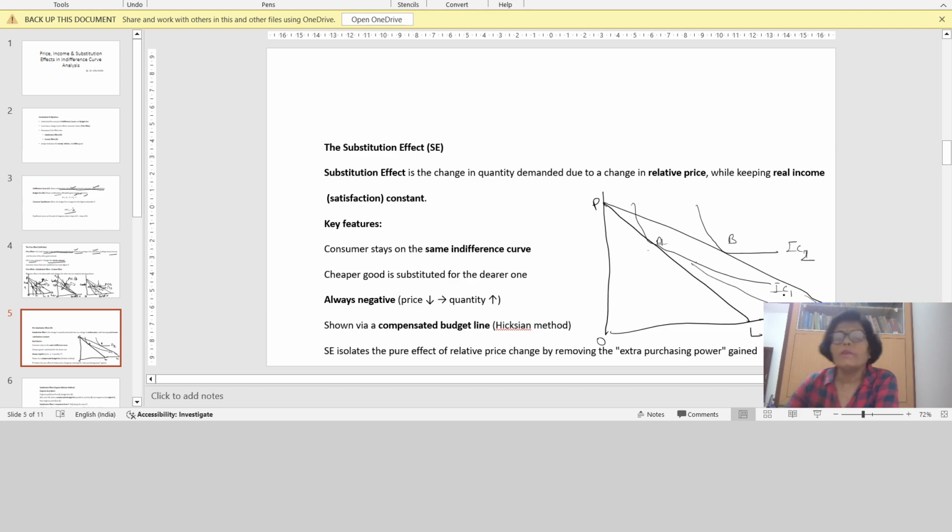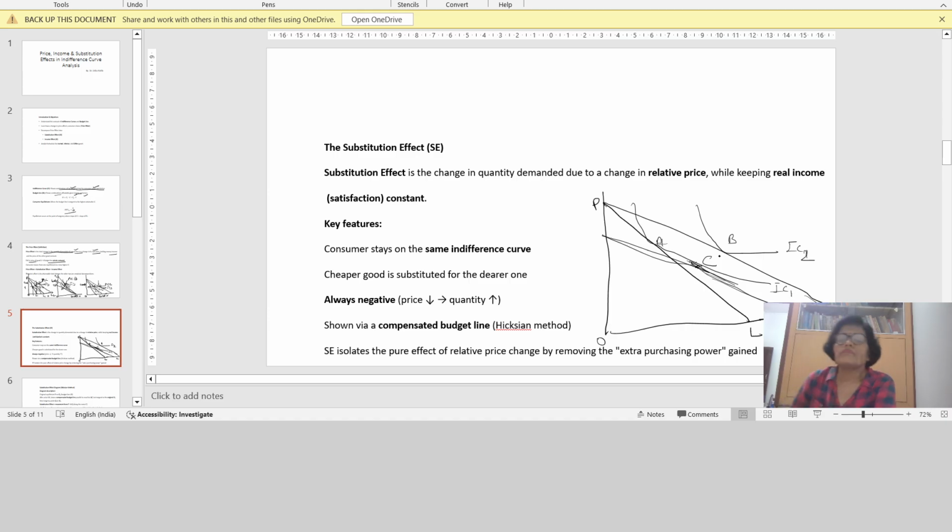Means when we take his money, his price line will move downward, but the consumer will buy more units of good X, and this movement from A to C is known as substitution effect.